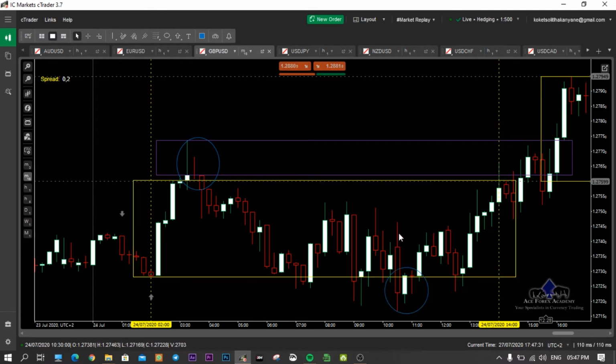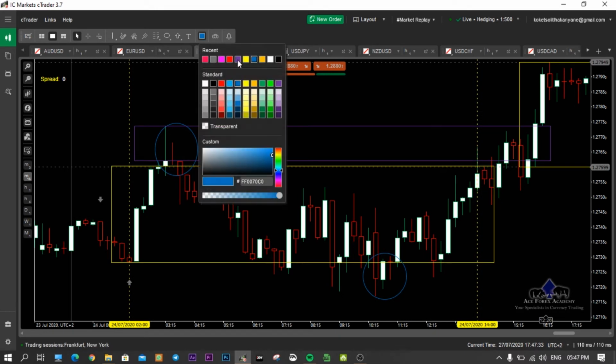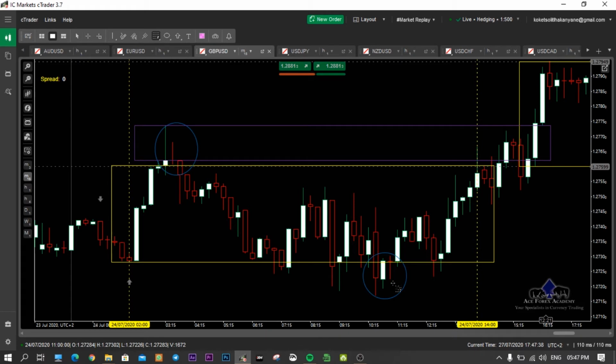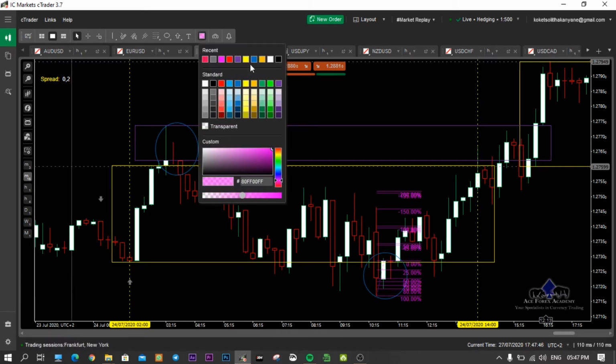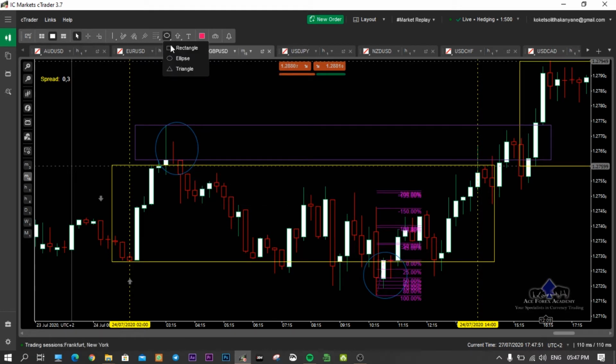Now with the formation of a fake out in this particular region of the market, we can then pull out our modified Fibonacci tool and forecast the possible take profit zones that we might have had. Now with a very conservative stop loss, what we can then notice from this particular move is that our minimum risk reward ratio that we strive to have is 1:1, and that sits well below our resistance level, right?